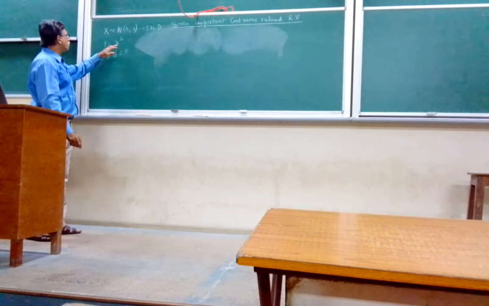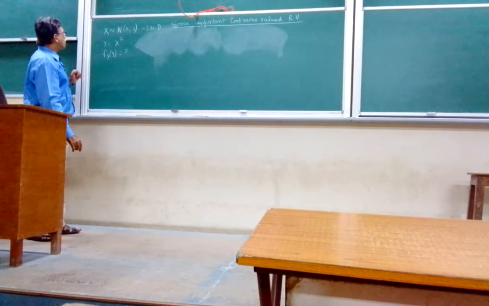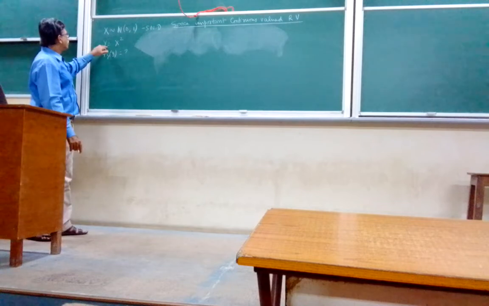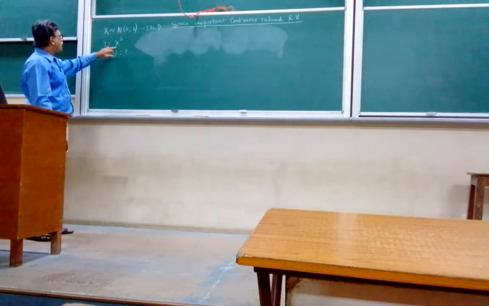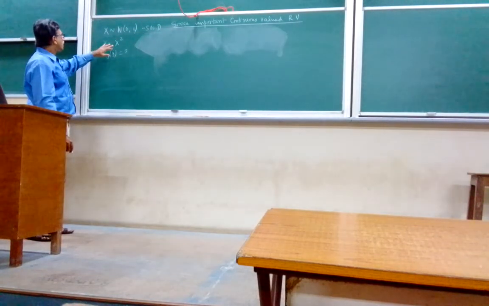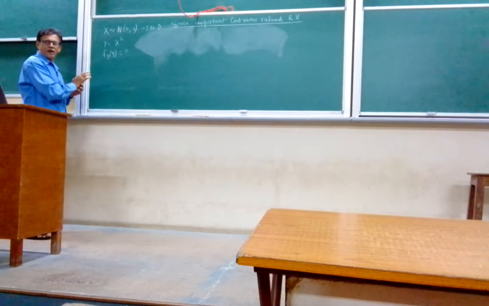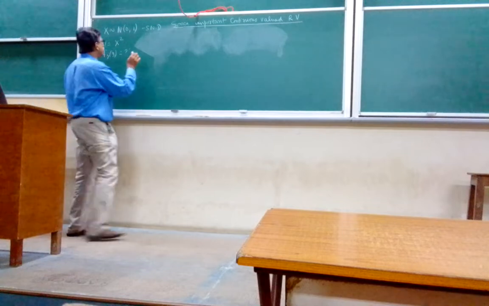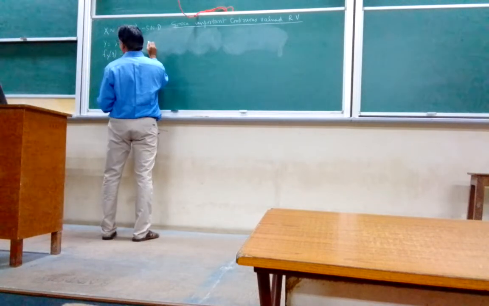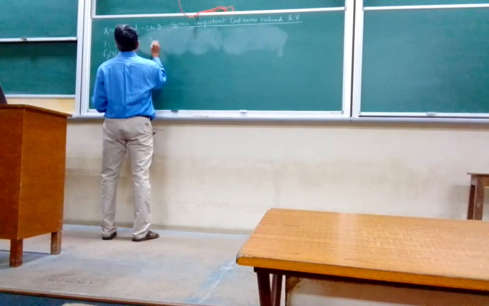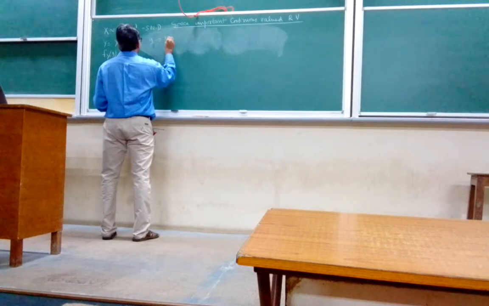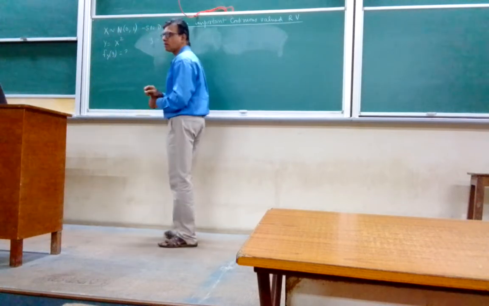For that, if you look at it, there will be 2 values of x. First, in order to find out, we have to find the inverse function. Given a value of y, what value of x will correspond to y?